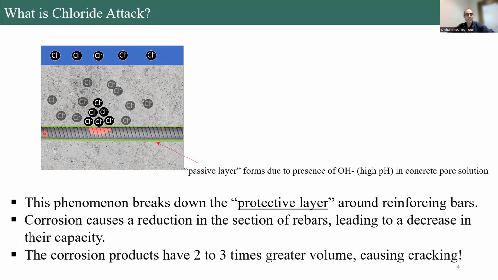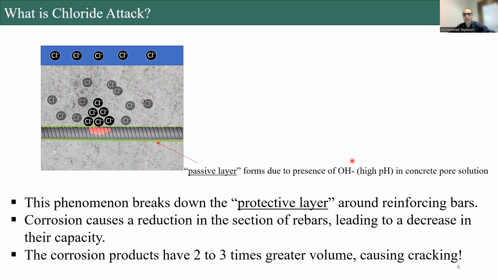The protective layer that you can see here is called the passive layer. So we need to keep in mind that the pH of the concrete pore solution, and concrete in general, is very high. It's around 13. And that's the main reason that this protective layer forms, and mainly it contains OH minus, and the main reason is the high pH. So remember that part.